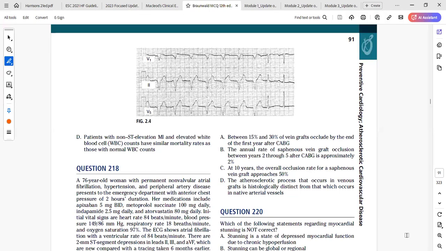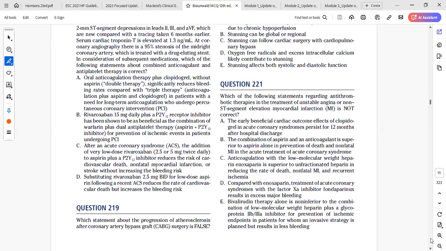The ECG shows atrial fibrillation with a ventricular rate of 84 beats per minute. There are 2 millimeter ST segment depression in leads 2, 3, and AVF, which are new compared to the tracing taken 6 months earlier. Serum cardiac troponin T is elevated at 1.3 nanogram per ml, and on coronary angiography, there is 95% stenosis of the mid-right coronary artery, which is treated with a drug-eluting stent.